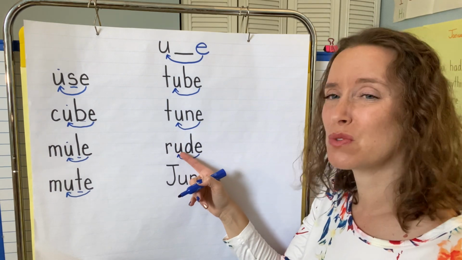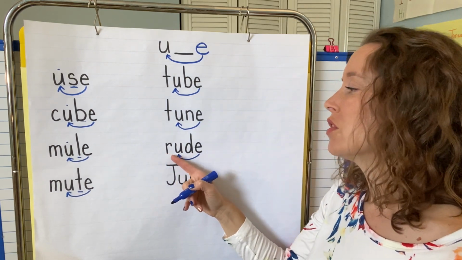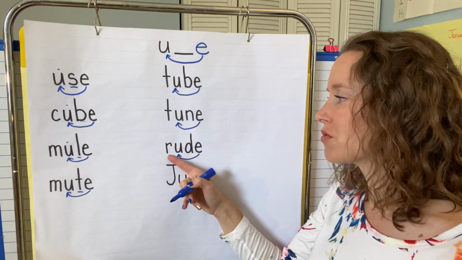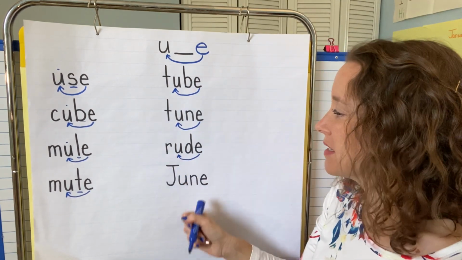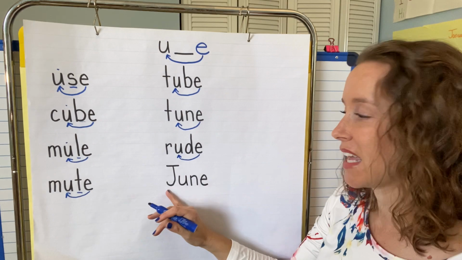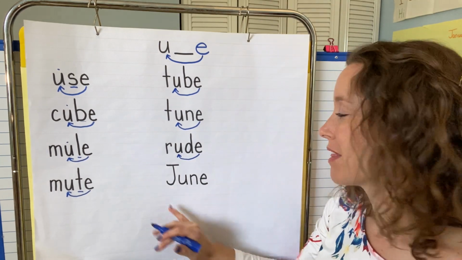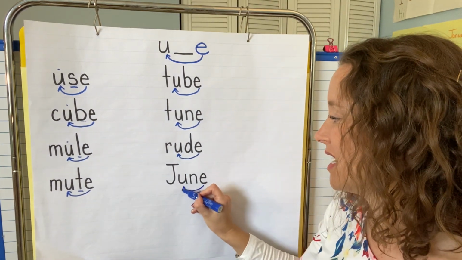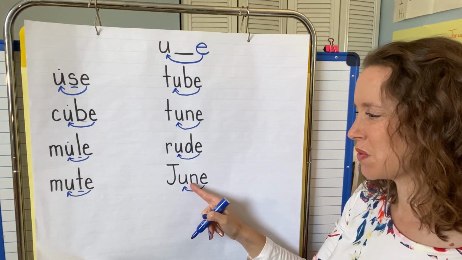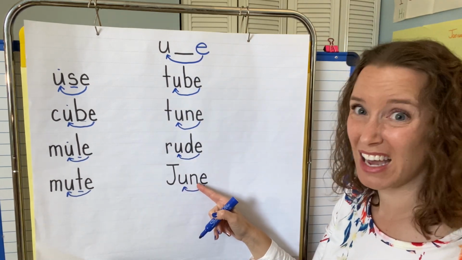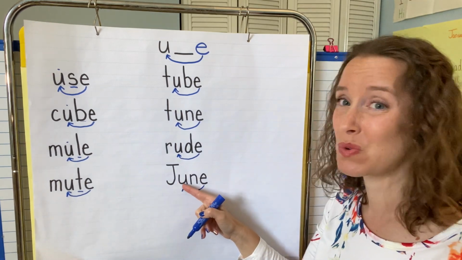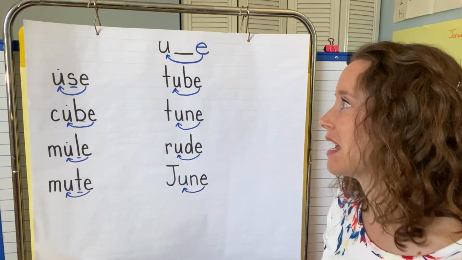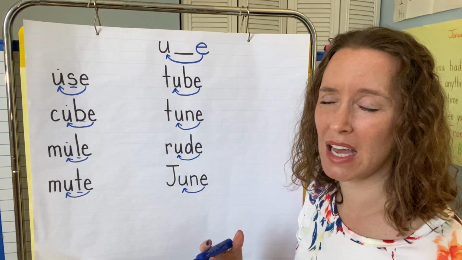So it has more of an oo sound. Rude. Okay, rude like nasty. Same thing. Look, this has a capital letter because it's the name of a month. You ready? There we go. Instead of June with a U sound, it kind of works, but it still has more of an oo sound, doesn't it? June. Okay, so sometimes it has more of an oo sound.